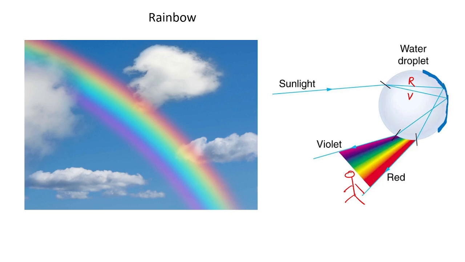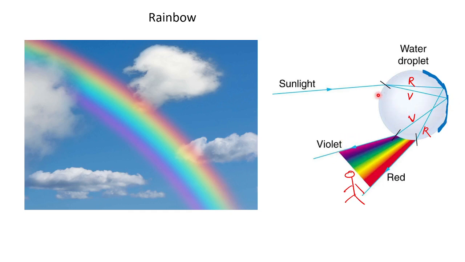So the red color is reflected going like this, and the violet color is reflected going like this. So this is red and this is violet, and this red color escapes from the water droplet. Violet also escapes; I mean refraction takes place. So this is red and this is violet.